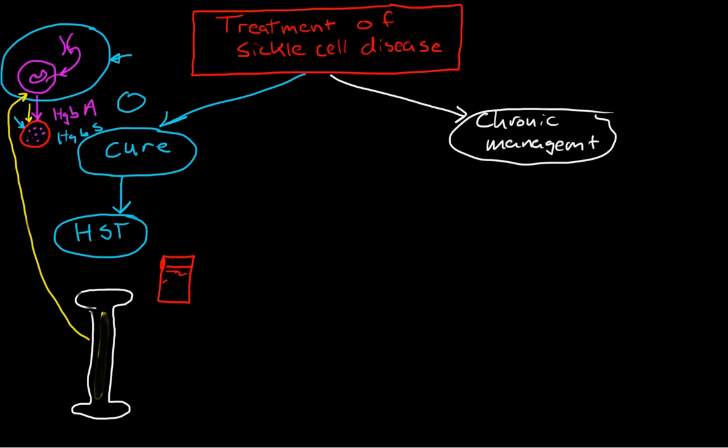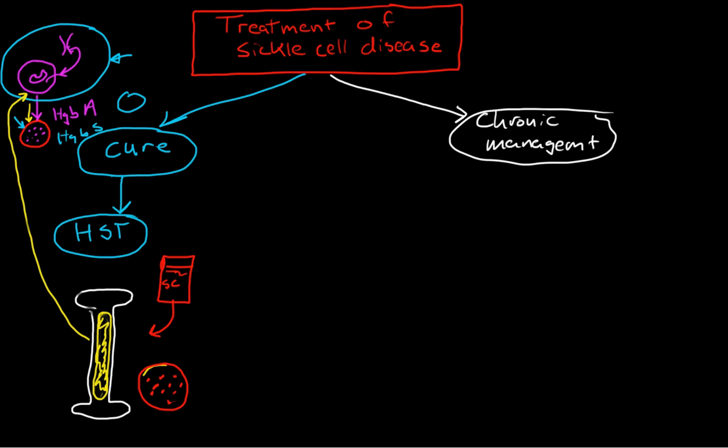We take these stem cells and insert them through an IV into the bloodstream of the sickle cell patient, and this allows new, healthy marrow to grow, and this new healthy marrow has erythropoietic stem cells that create hemoglobin A instead of hemoglobin S. So we have new healthy erythrocytes with hemoglobin A.